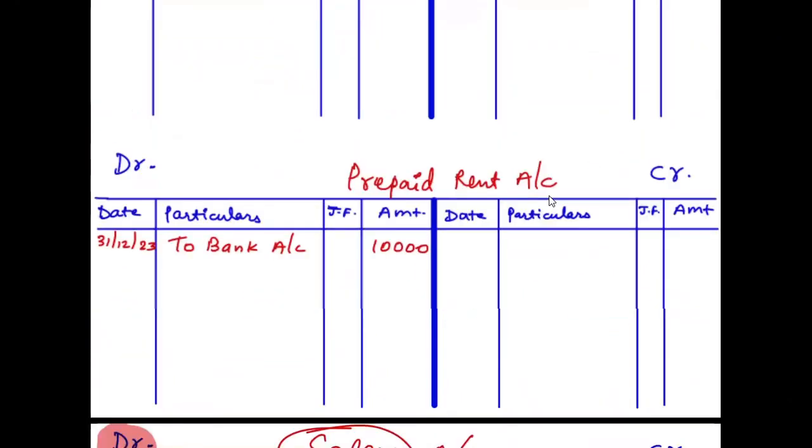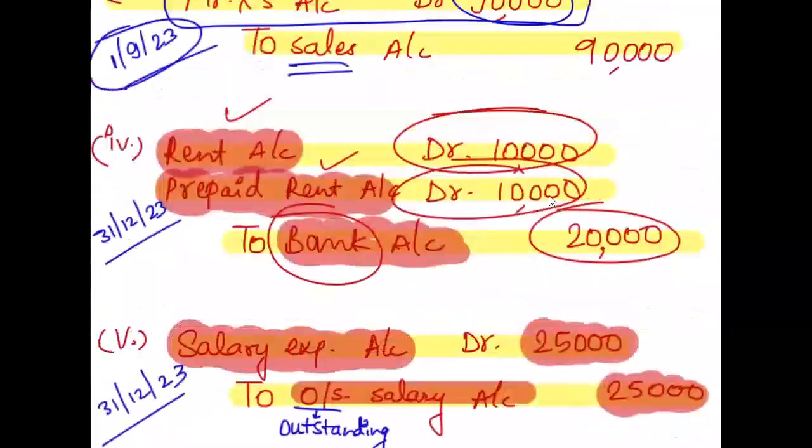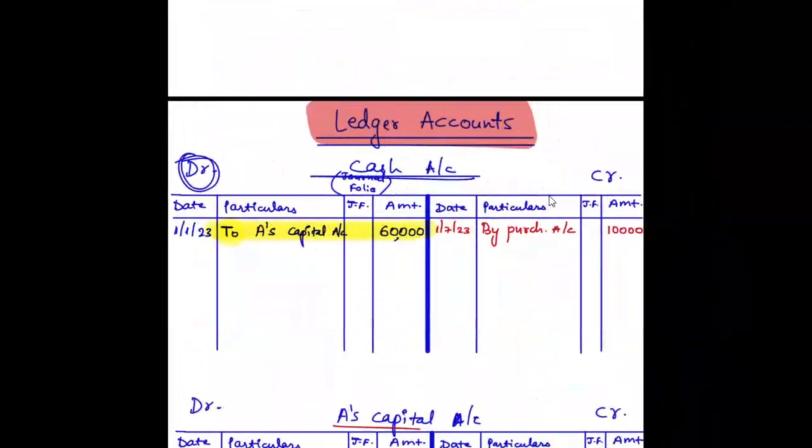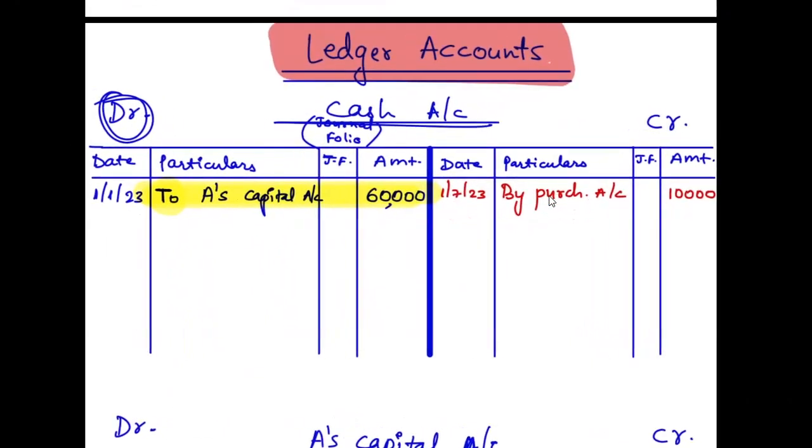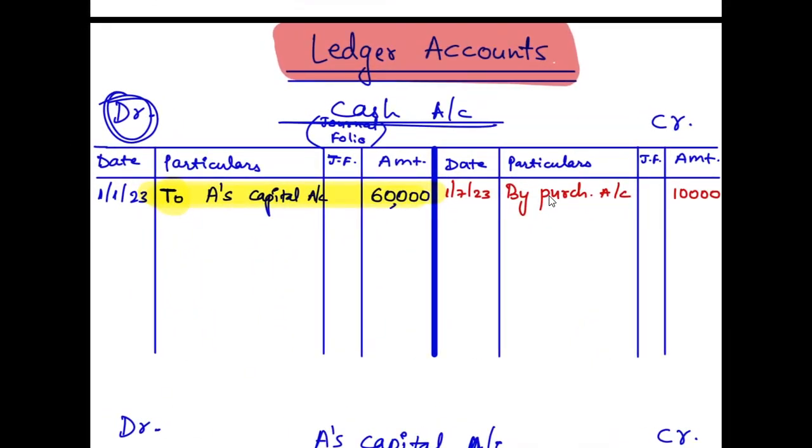If someone has missed anything, you can take a note from here or take a screenshot. I will show all the ledgers one by one. Okay?